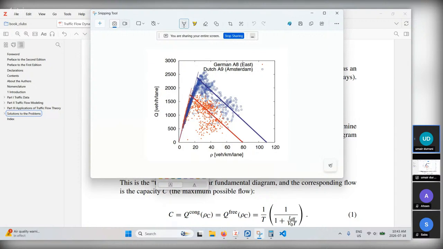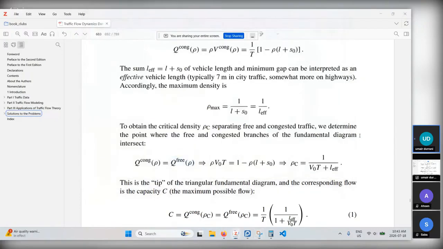At this point, both the flows from the two equations of free and congested conditions are equal, which is equal to C. So if we equate them using their equations that we have derived above, we then get this formula for the critical density.